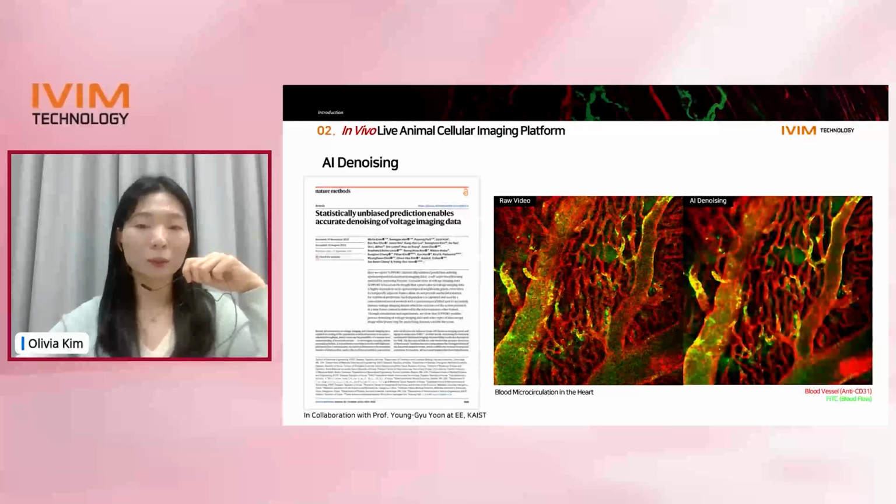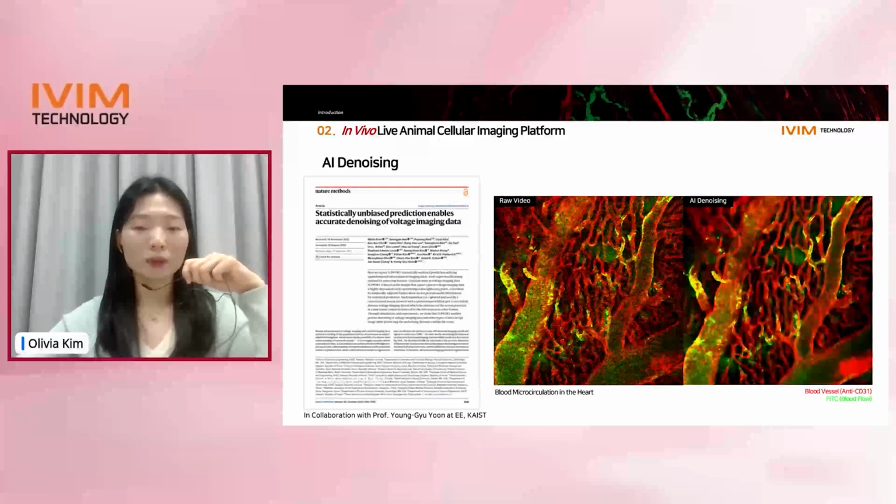This goes beyond simply improving visual quality. It enables more accurate identification of vessel boundaries and helps distinguish true biological signals from noise, ultimately leading to more reliable analysis. As a result, we can precisely track and quantify rapid cellular dynamics that were previously difficult to analyze using conventional methods.